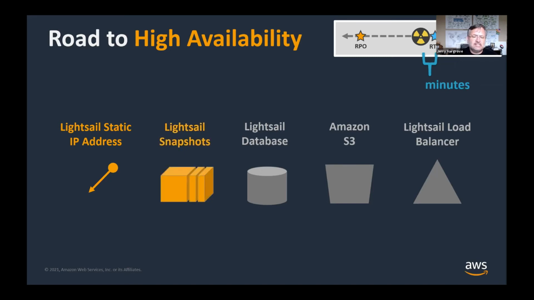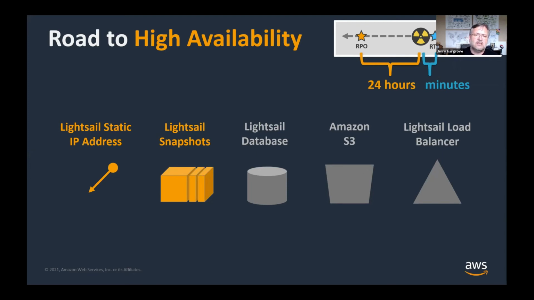Then we added Lightsail Snapshots. Lightsail Snapshots further reduced the RTO by allowing us to essentially reconstitute a Lightsail instance very easily based on a snapshot. That also defined our RPO, or our recovery point objective.